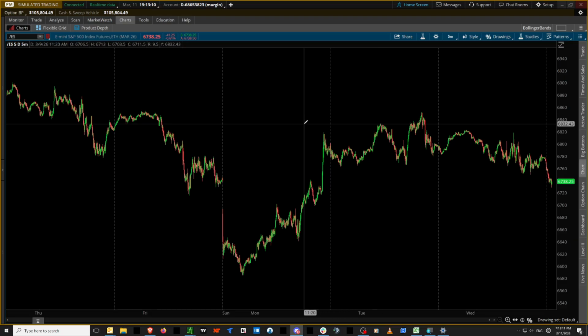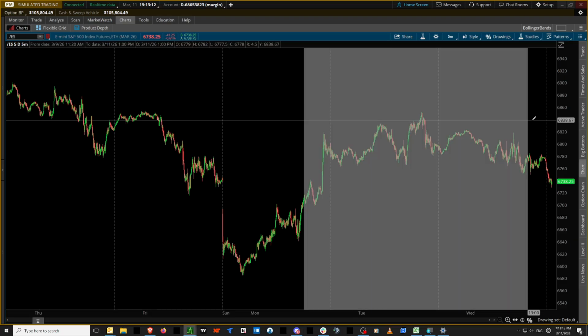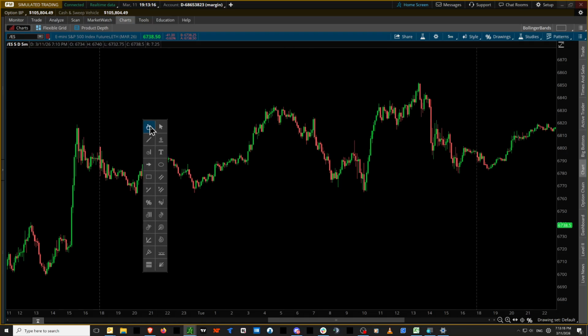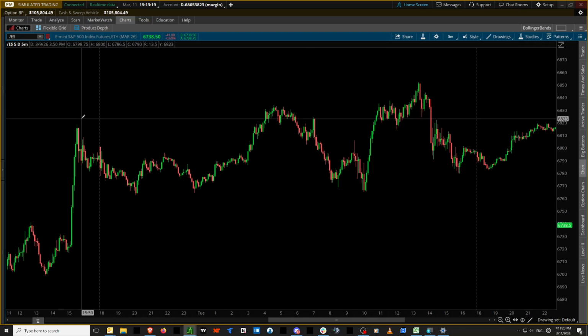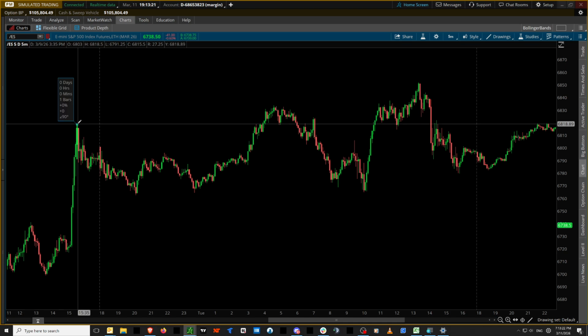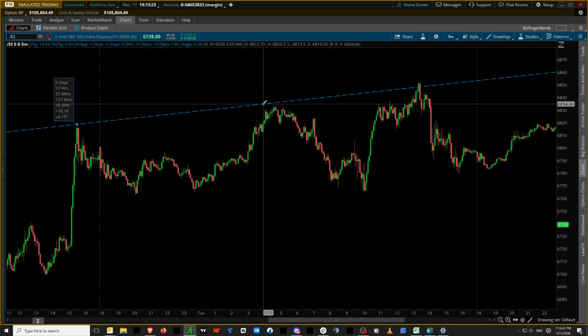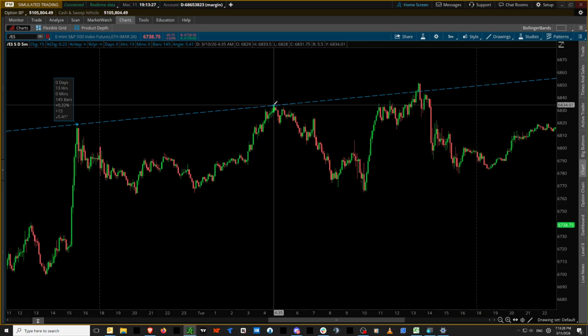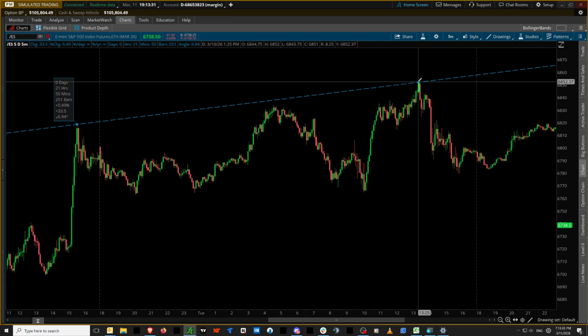So what I'm going to do, zoom in. I'm going to bring up my line tool. I'm going to go right there, and I'm going to go right here. Now, I could go to this one, or I could go to this one.